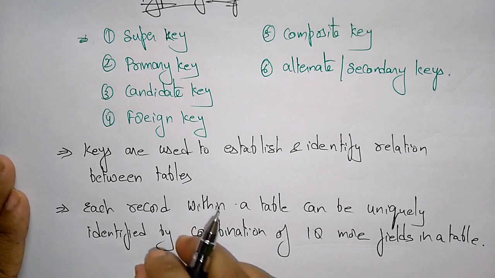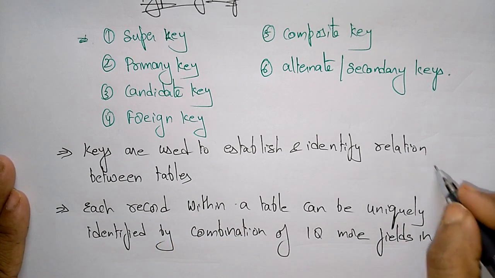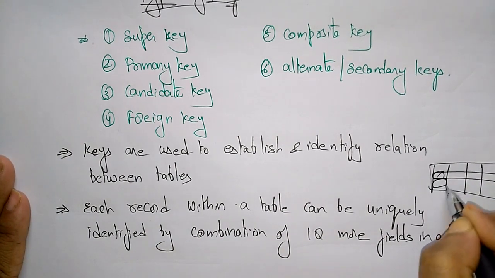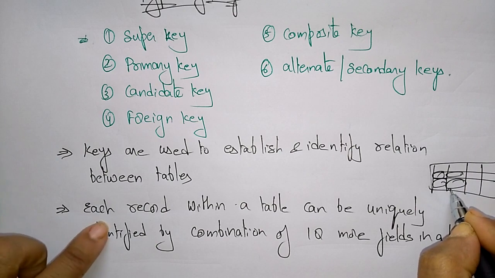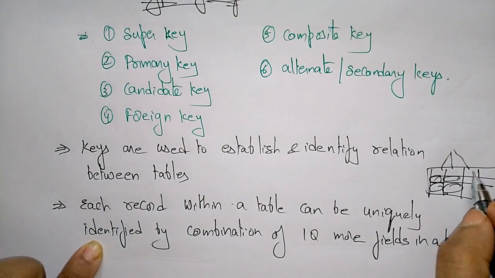So in the table, each record can be identified by a combination of one or more fields in a table.